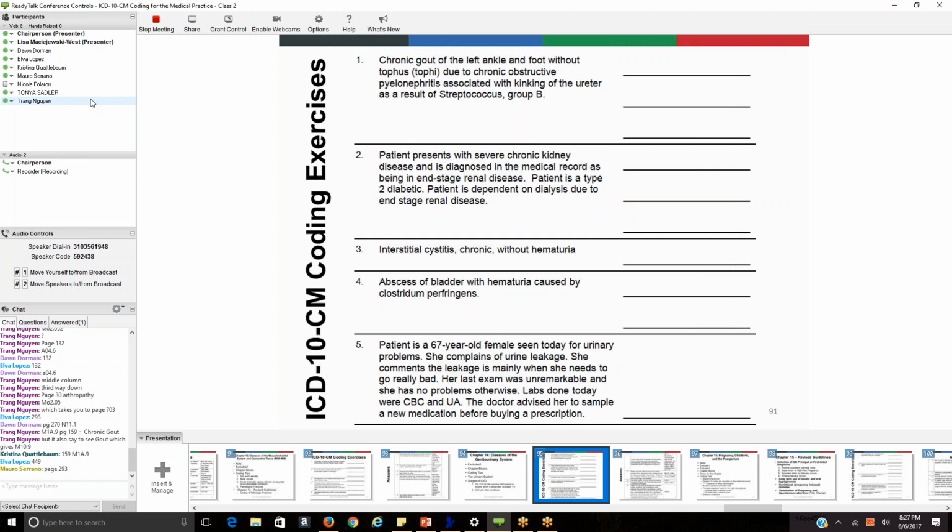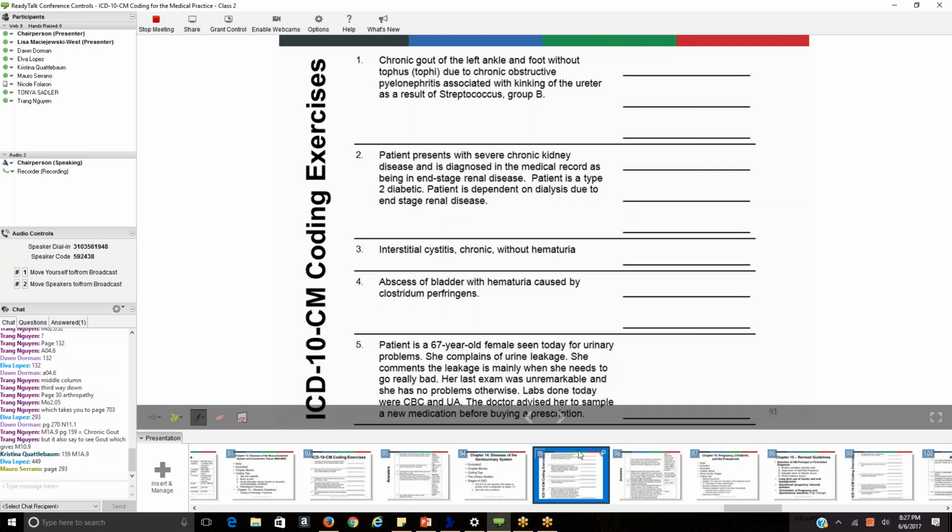Code first associated renal disease. Okay, perfect. So M1A.372, chronic gout due to renal impairment, left ankle and foot, and we have to take it to the 7th character. If we go to M1A, chronic gout, in the pink box, it's going to be 0 without tophus, 1 with tophus. So it's going to be M1A.3720, and then followed by the Streptococcus group B, B95.1.